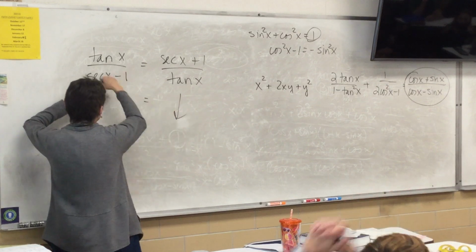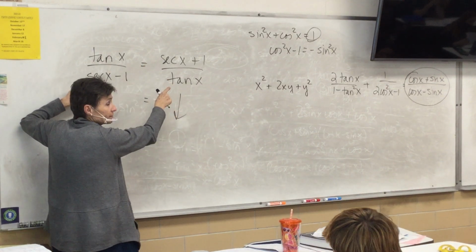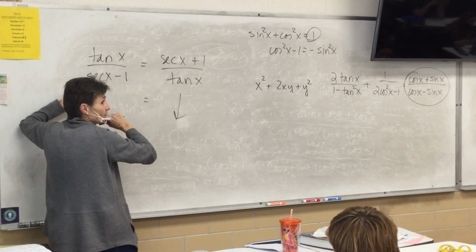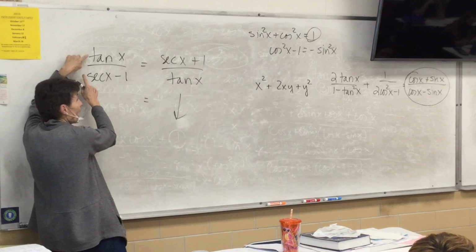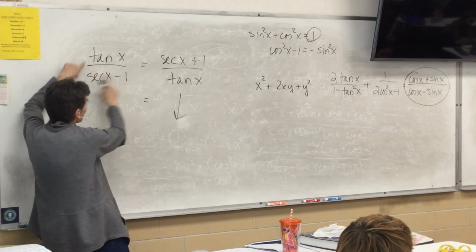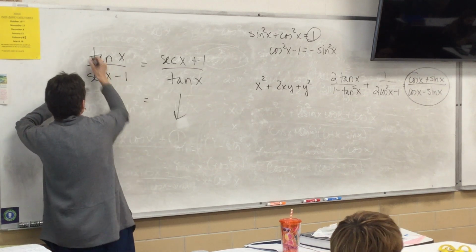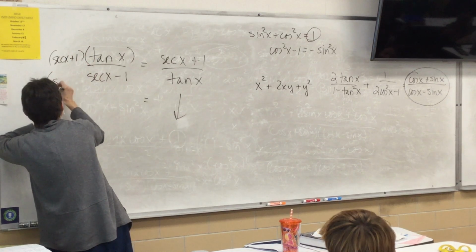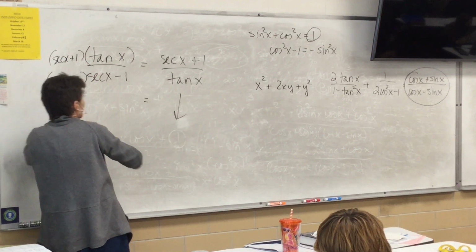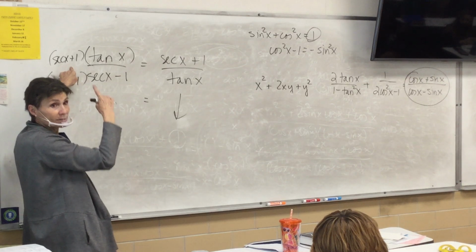If that's where I'm going, then I either need to put a tangent in the bottom of this, or I need to put a secant plus 1 in the top. Since I put a tangent yesterday, I'm going to put a secant plus 1 on the top. Perfectly legit, guys. I'm doing it because I need one on the top.